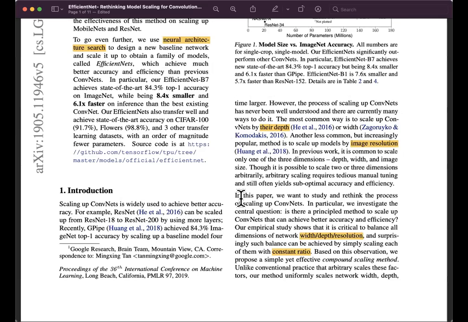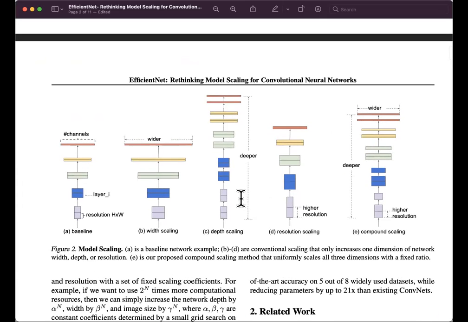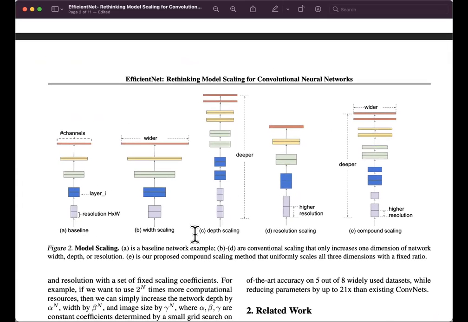Here is mainly how they scale the model. Let's say this is the base model, and we have different scaling methods. One of them is width scaling. Width here denotes the number of channels, so by width scaling we only increase the number of channels.